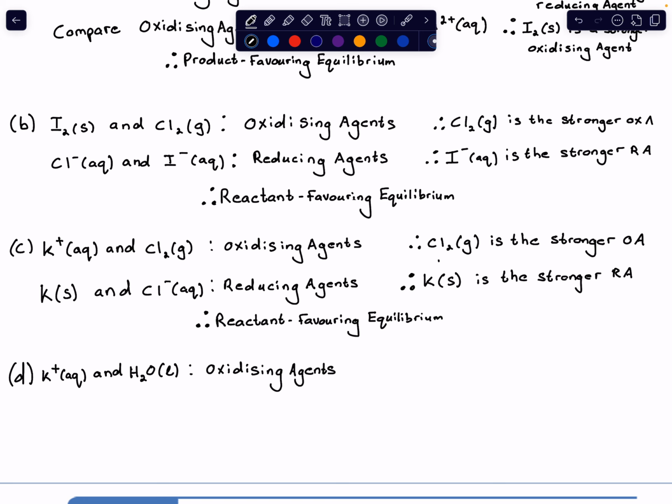Right, so those are the species that we identified as possibly being reduced. And for species being oxidized, that was the potassium solid, the H2 gas and the OH minus aqueous. All right, and that was for possible reducing agents.